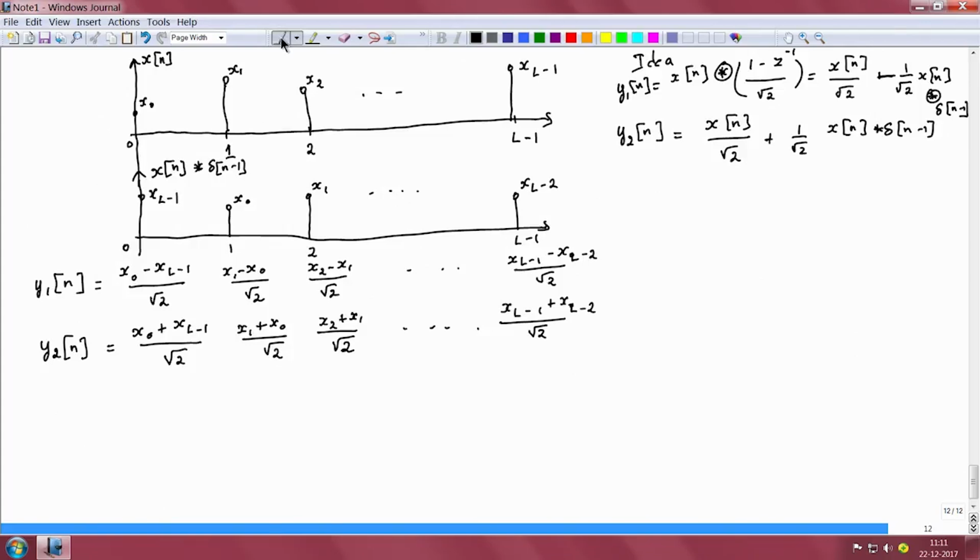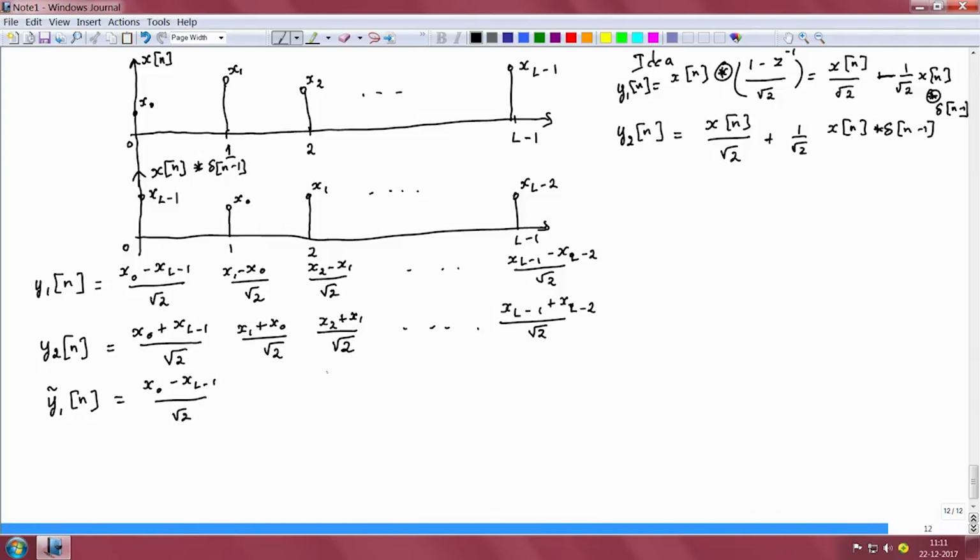So, now we have this y1 and y2, we are going to downsample by 2. So, essentially we are going to discard every alternate element. So, if we look at y1 tilde of n, we will retain these samples: x1 minus x L minus 1 by root 2.